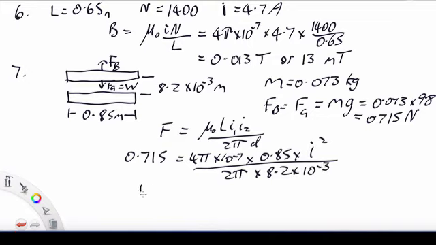So when we multiply all that, we have I squared equals 34507.5. So I equals 186 amps. So it would take a lot of current to actually levitate a bar that is 73 grams in mass.